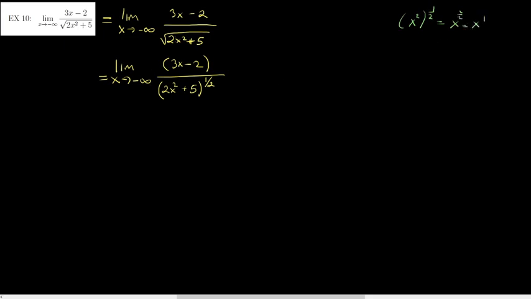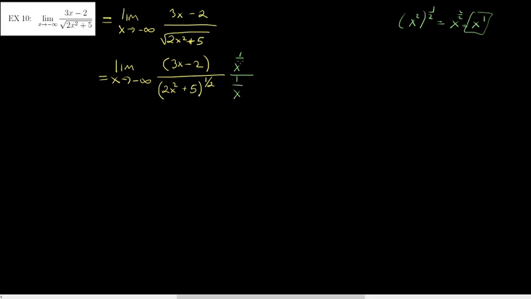So the denominator is not really a power of 2 here, because we're taking the square root of it. It behaves a lot more like x to the 1 rather than x to the 2. So be careful. If you multiply top and bottom by 1 over x squared, it's not going to work out right. We just want 1 over x. So the square root of x squared.